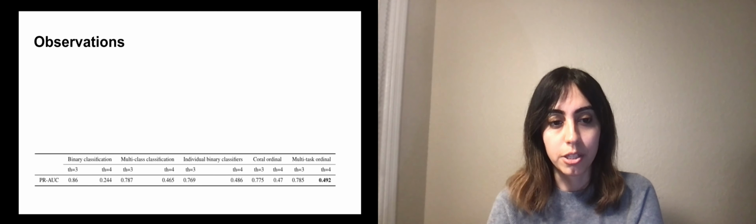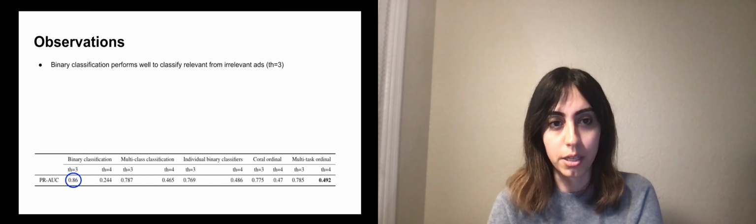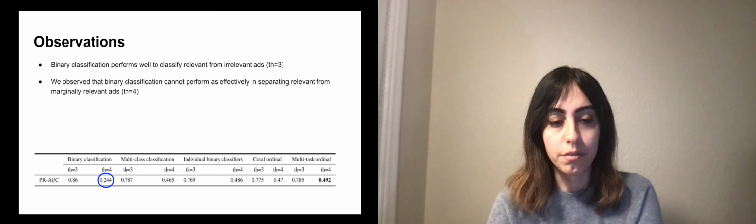The first observation was that binary classification can perform well in separating relevant ads from irrelevant ads. However, it didn't work well for separating relevant ads from marginally relevant ads.